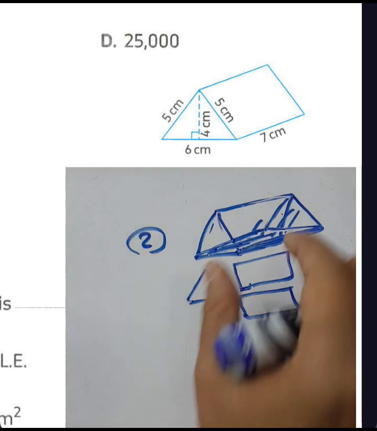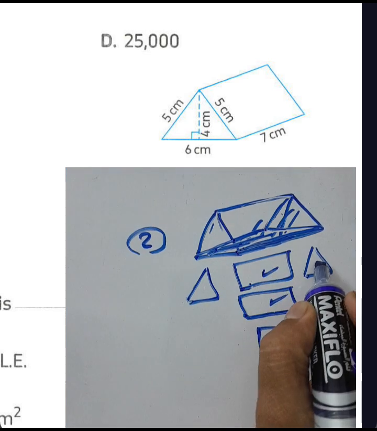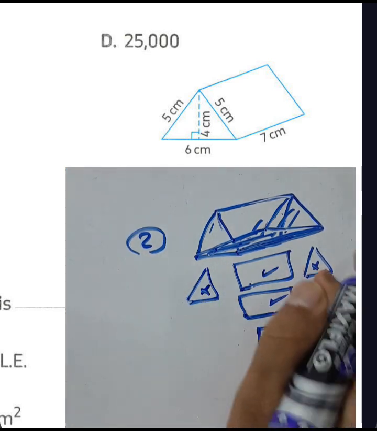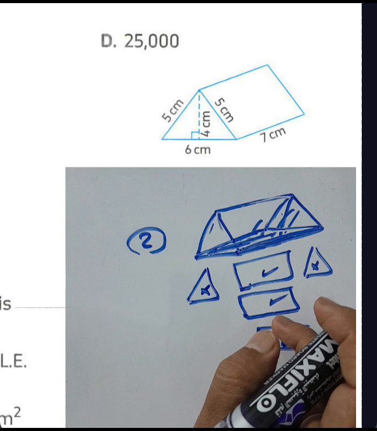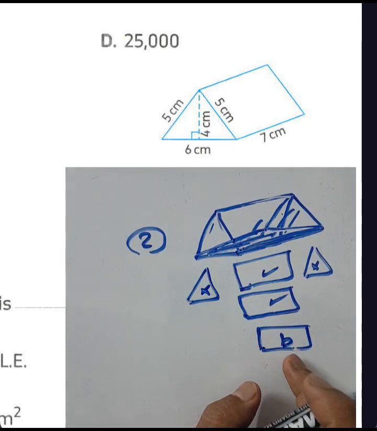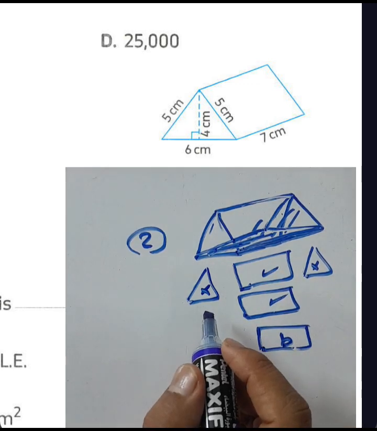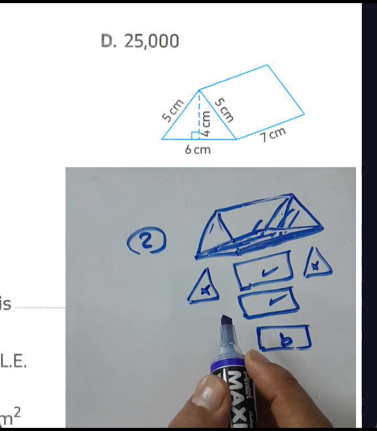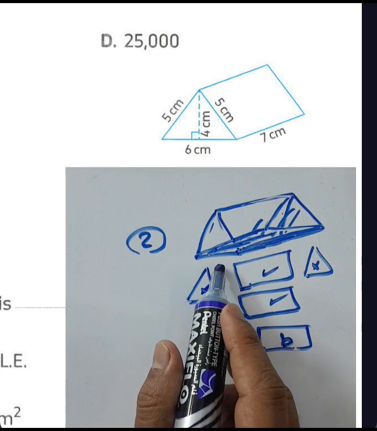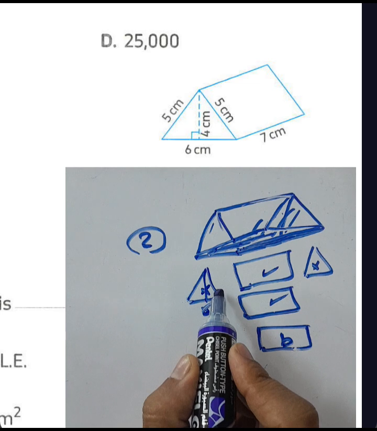We have two congruent triangles and two congruent rectangles, and one in the base, not congruent to the two rectangles. Okay, the dimensions of the triangle: base 6 and the corresponding height was 4.